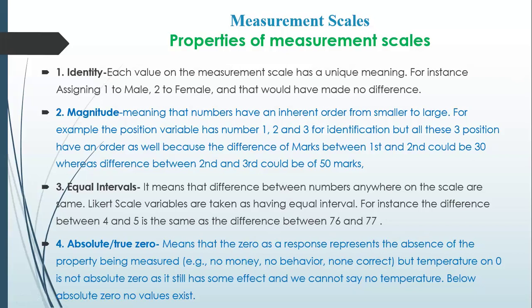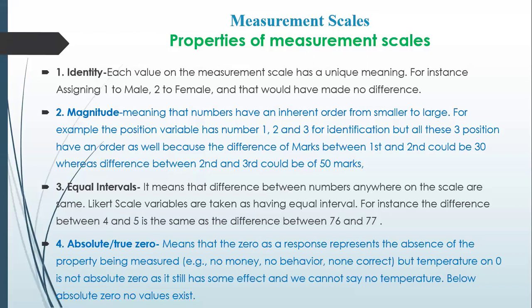For example, if we want to measure temperature, one measurement is 35 Celsius and the other measurement is 40 Celsius. So the difference is 5 Celsius there.